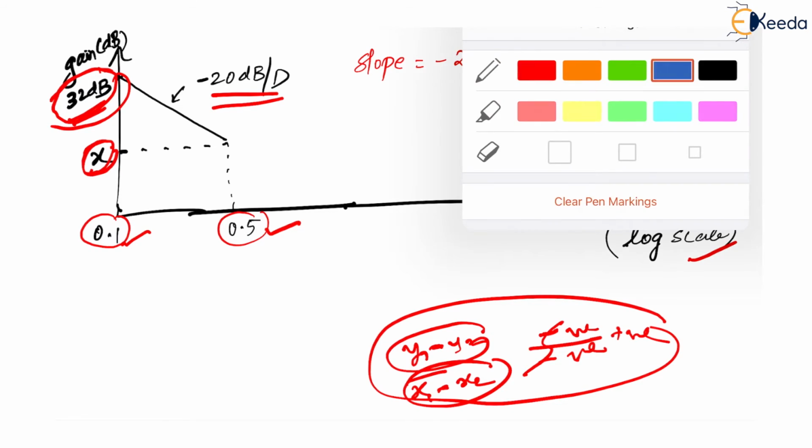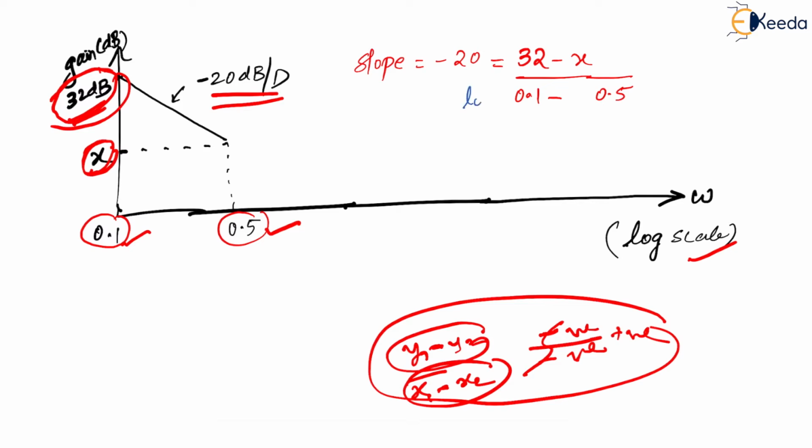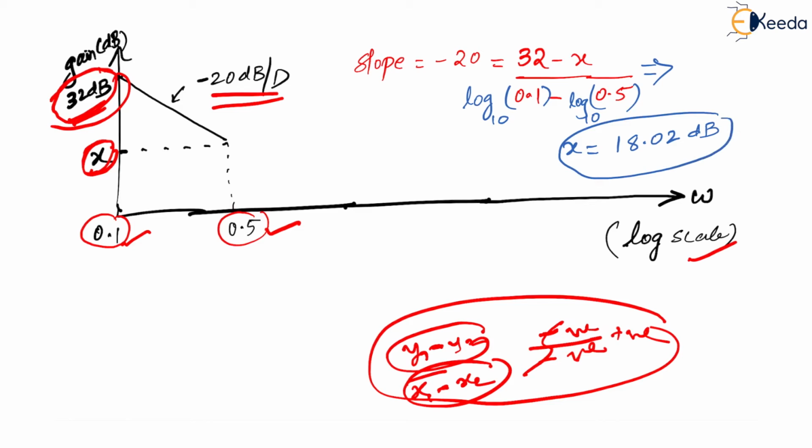The moment it is a log scale, I have to take log for the frequencies. Log 10. If you solve this, you find x to be equal to 18.02 dB. If you solve this in your calculator, you will have this answer. Is that right? Yes, that's it.